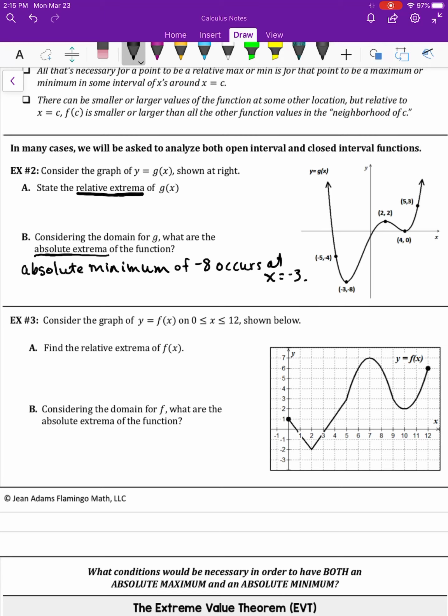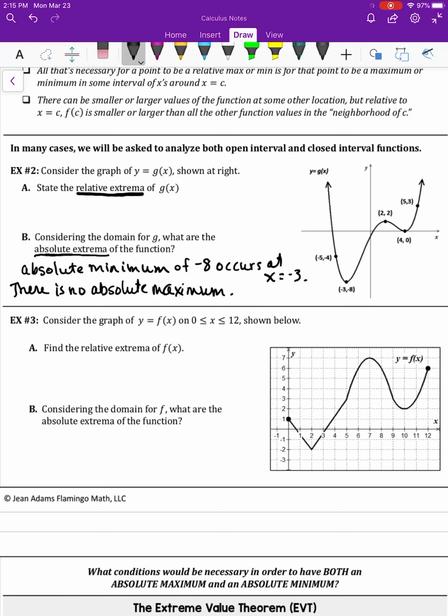Okay, now I see these arrows going up, meaning that there is no absolute maximum, because it just continues to infinity. So that means g of x is unbounded above, right?